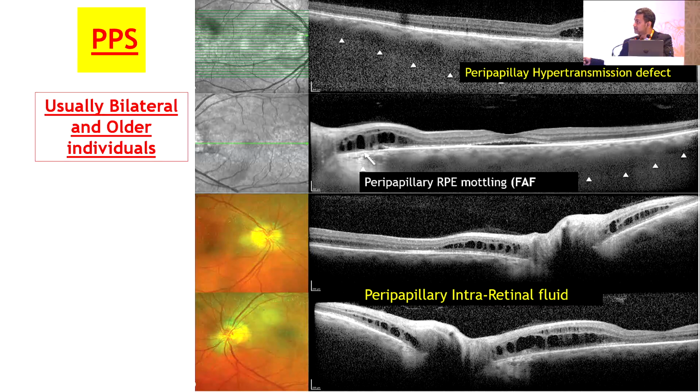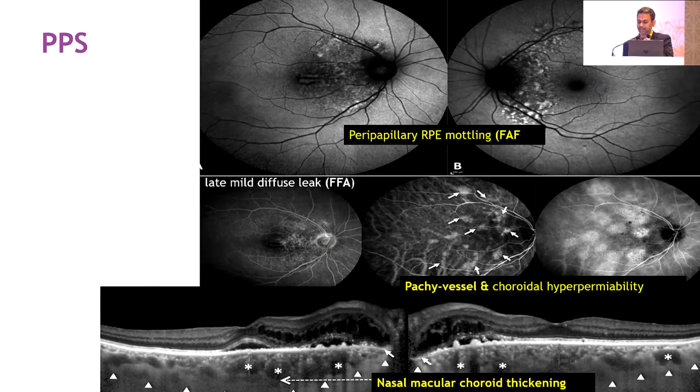For example, in this case you can see on either side of the peripapillary area intraretinal fluid, subretinal fluid, and a hypertransmission defect overlying the choroid, and the autofluorescence showing peripapillary RPE atrophic changes or mottling, peripapillary pachyvessels, and choroidal vascular hyperpermeability on the peripapillary choroid.